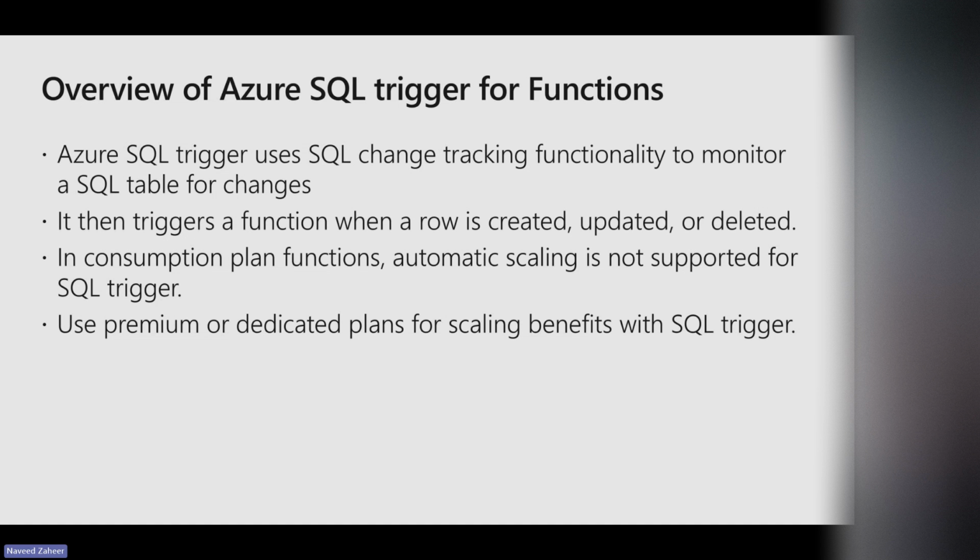So first of all, why this trigger is important. The reason being that, no matter how we go with NoSQL databases, SQL databases are there. You need to get notifications and maybe send alerts to other systems when things change in the database.